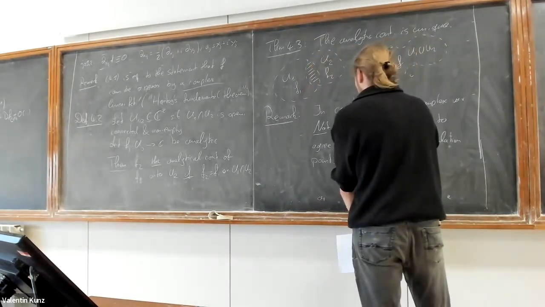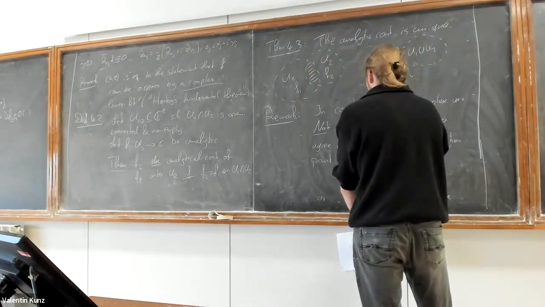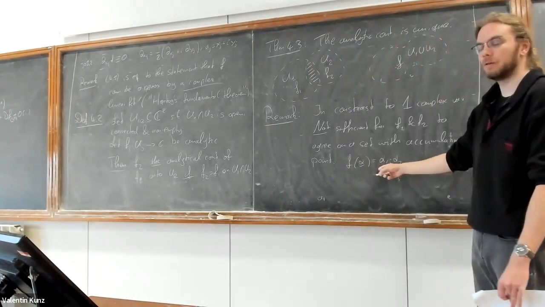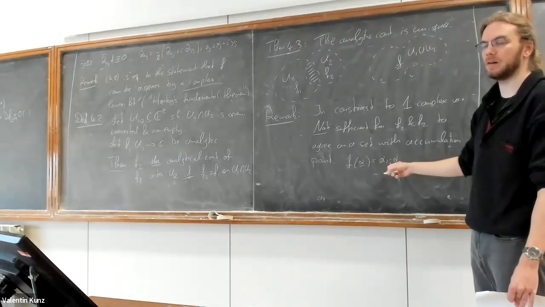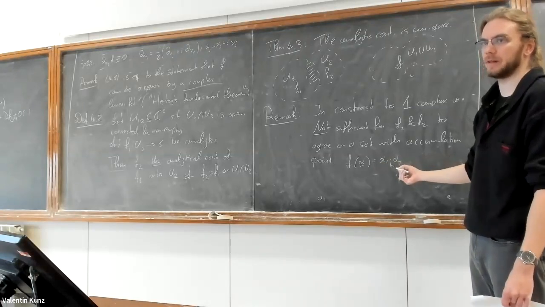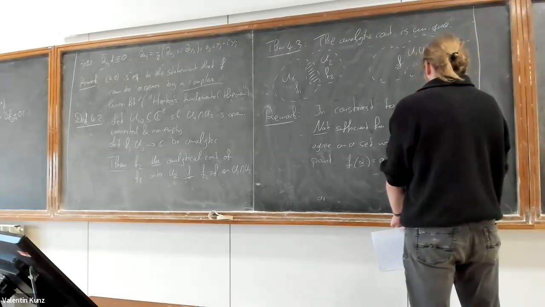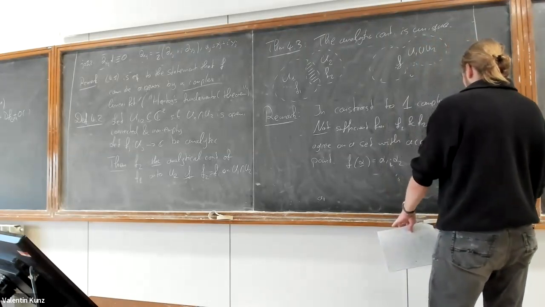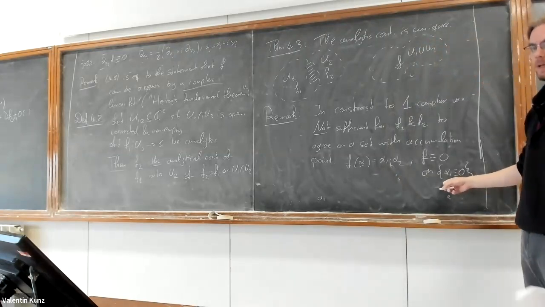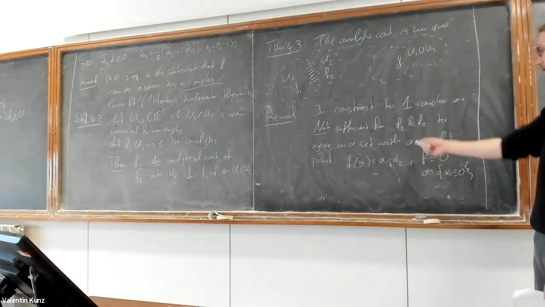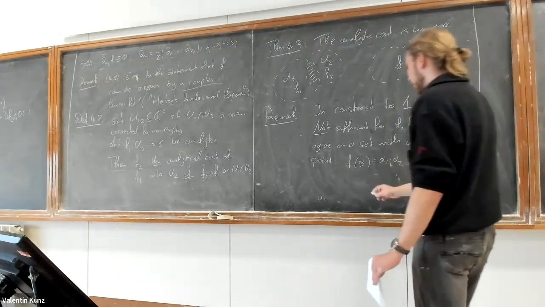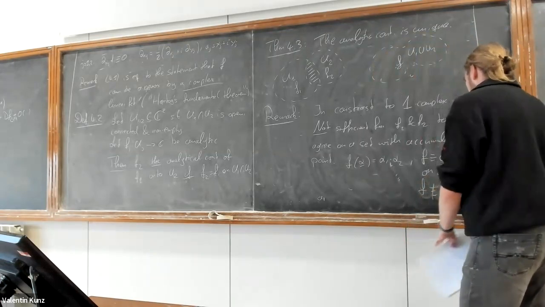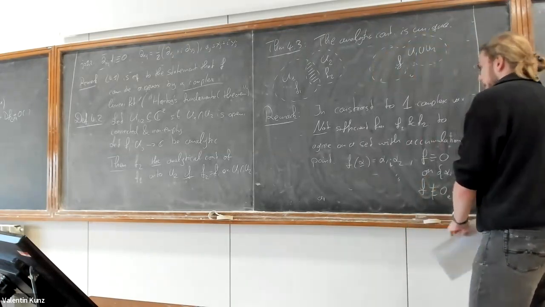So what would be the counterexample? I have f of alpha, which is alpha 1 times alpha 2, which is absolutely zero on the alpha 1 plane or on the alpha 2 plane, but it does not vanish everywhere in C squared. So I absolutely have f equals 0 on the set. And this set has real dimension 2, so it's absolutely a set with accumulation points. But f is not 0 everywhere on C squared.